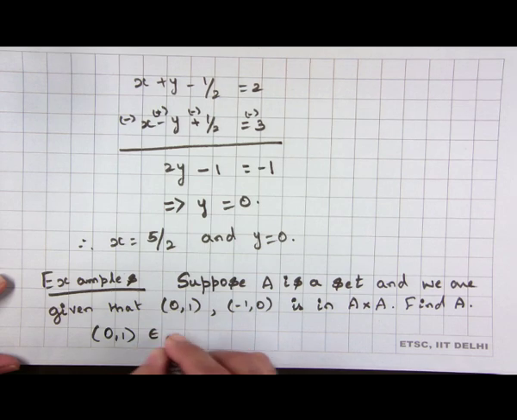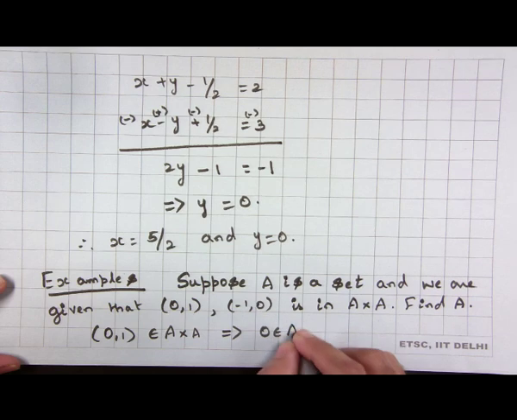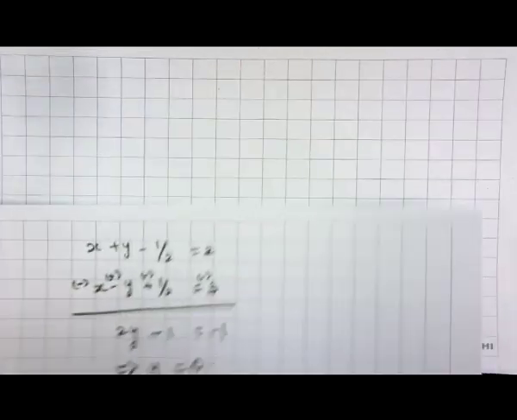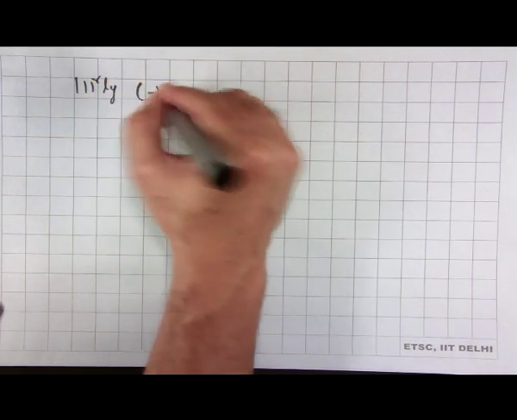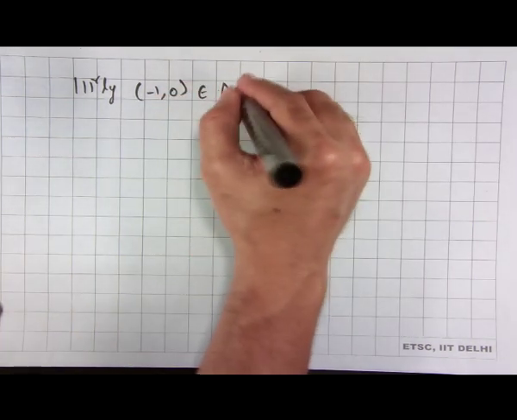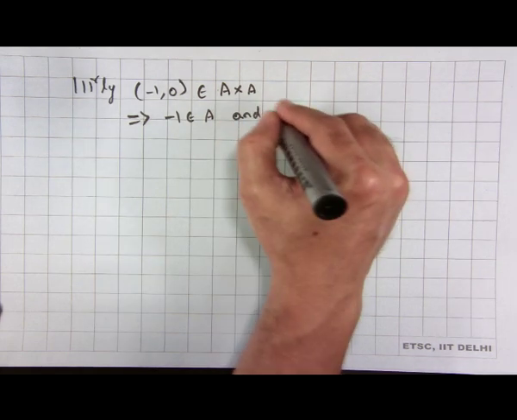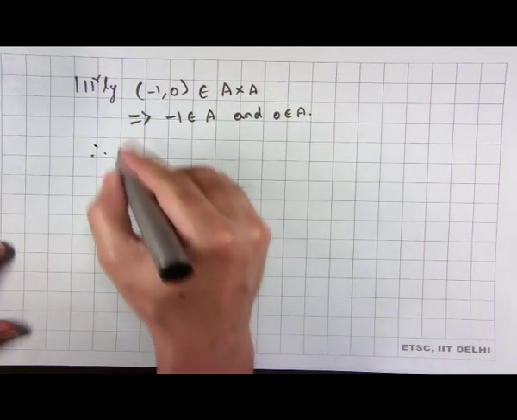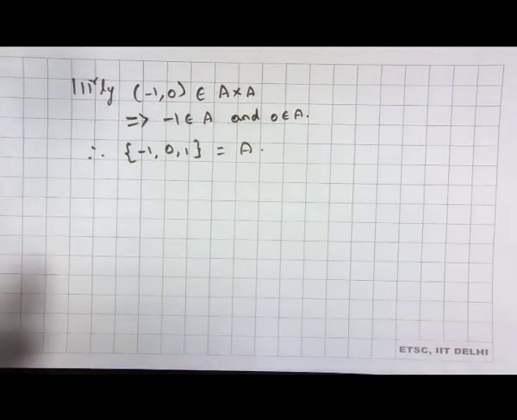Well, (0, 1) belongs to A cross A, that implies that 0 belongs to A and 1 belongs to A. Similarly, (minus 1, 0) belongs to A cross A, that implies minus 1 belongs to A and 0 belongs to A. Therefore, based on the information given to us, the set {minus 1, 0, 1} is exactly our A. So, A consists of 3 elements: minus 1, 0 and 1.